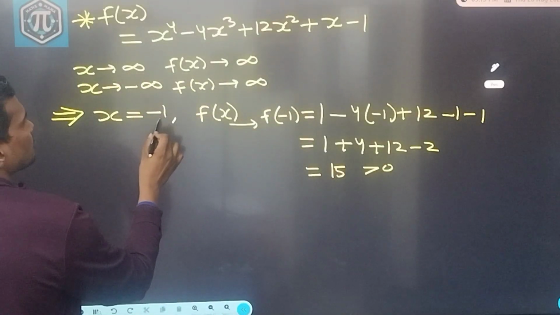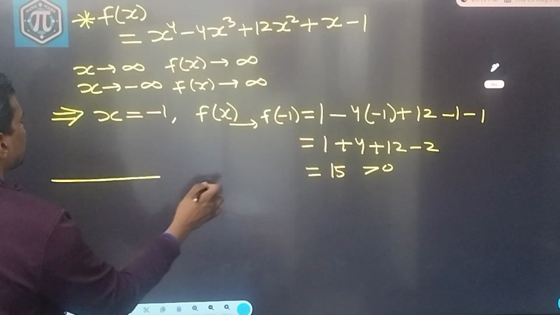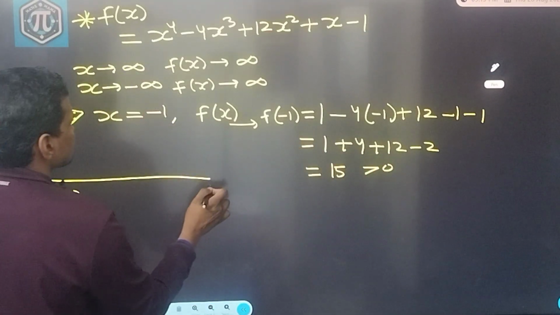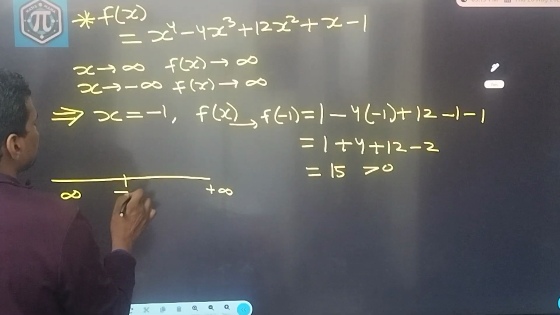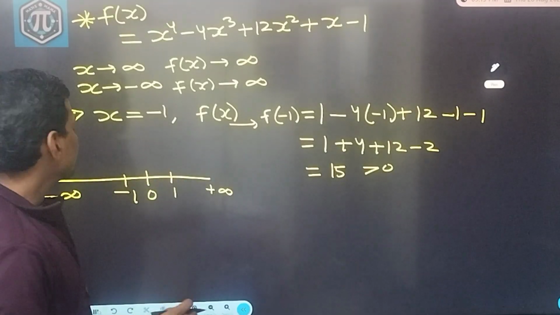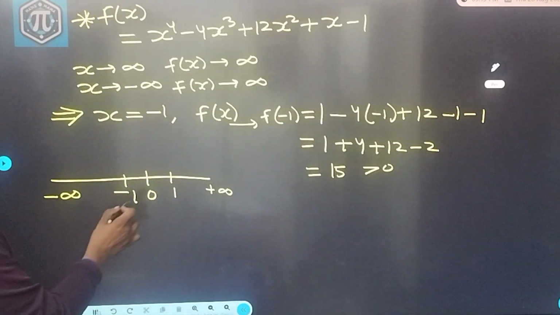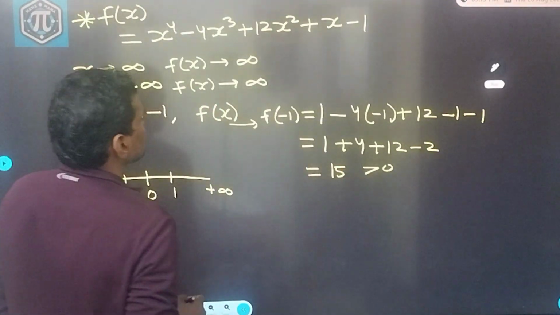So at x equal to minus 1 also function is positive. On the number line from minus infinity to plus infinity, with minus 1, 0, 1, at minus infinity function was at infinity, that is positive, and at minus 1 again function is positive.